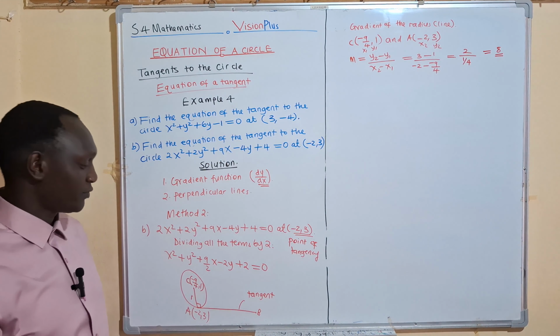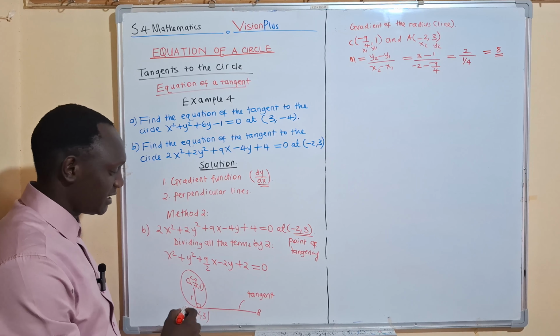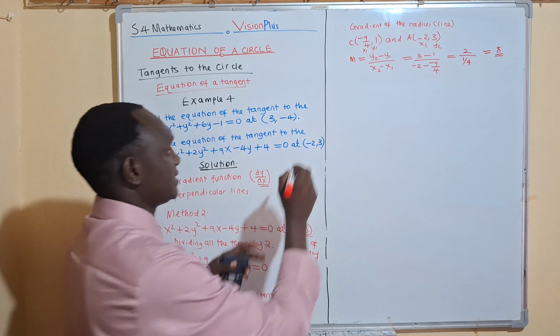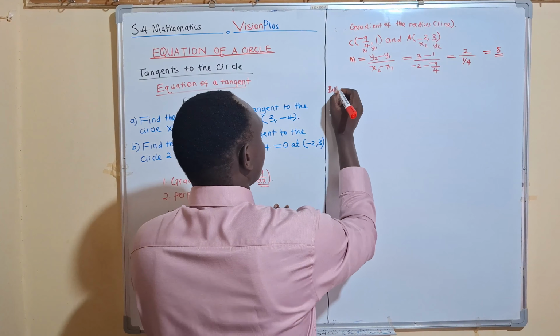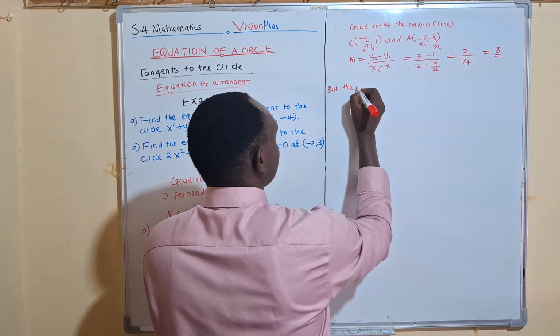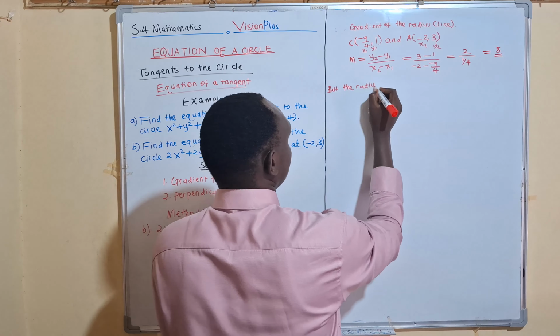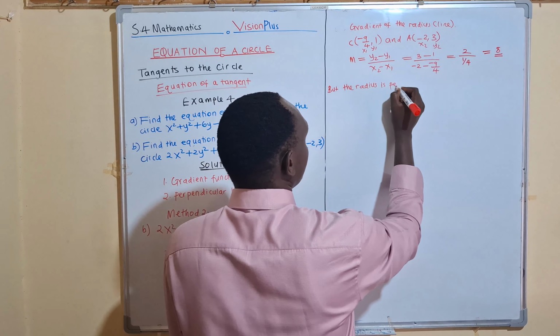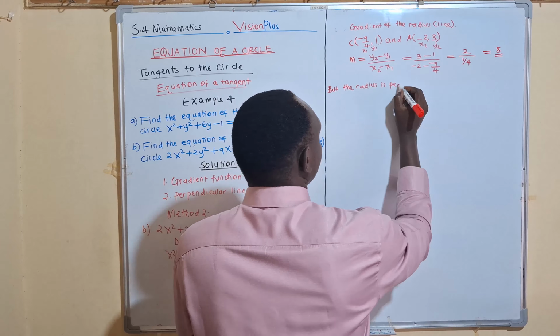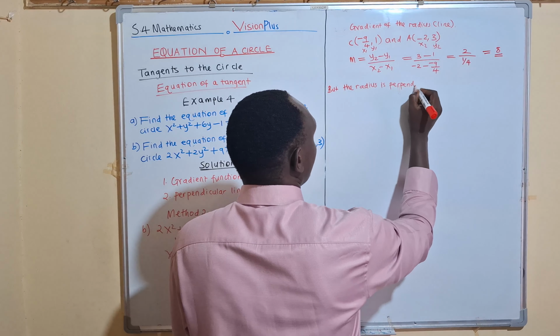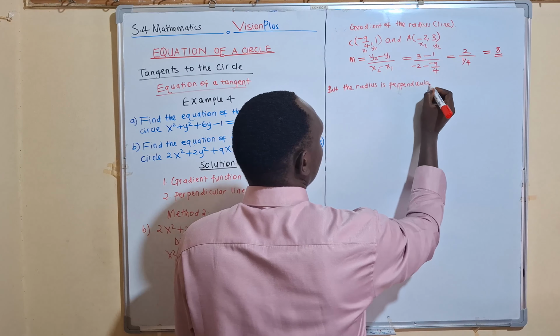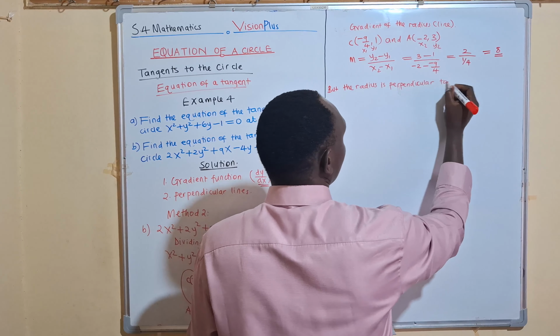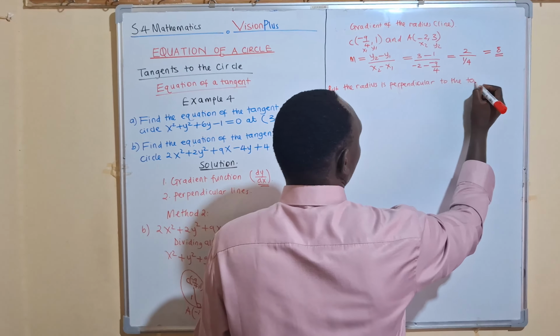What do we know? We know that the radius is perpendicular to the tangent. What do we know about perpendicular lines?